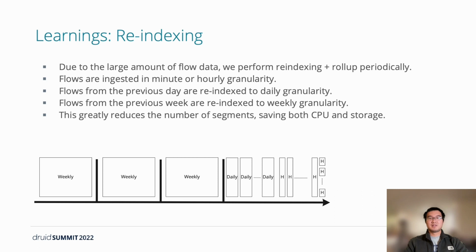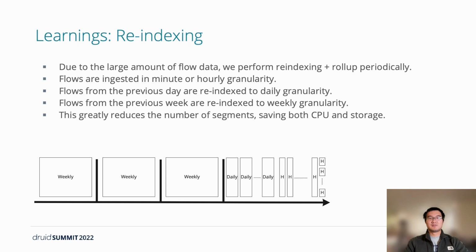One of the things we learned in version 1 is reindexing. Suppose we have 500K flows every 5 minutes. Without any roll-up, they will take up a few GBs every hour and a few TBs every month. Since we are on a single machine, we don't want to spend that much resources. Luckily, our applications only look for the most recent flows, so we can perform reindexing and roll-up periodically.